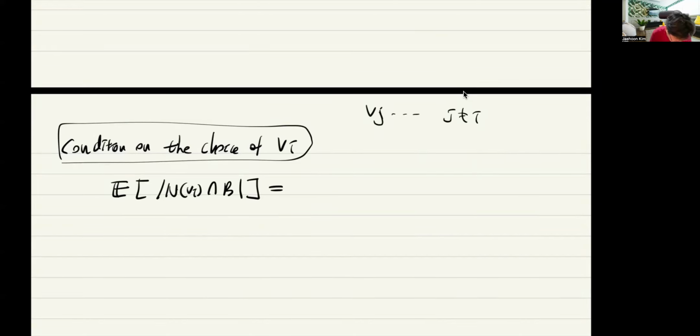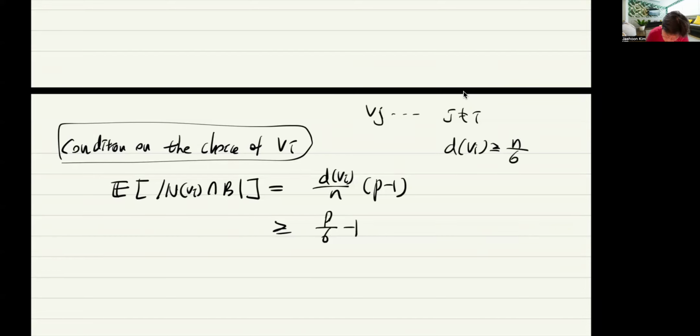There are P minus 1 of them. So we get that the expectation is this. And we know that this is at least n over 6, so this is at least like P over 6 minus 1.